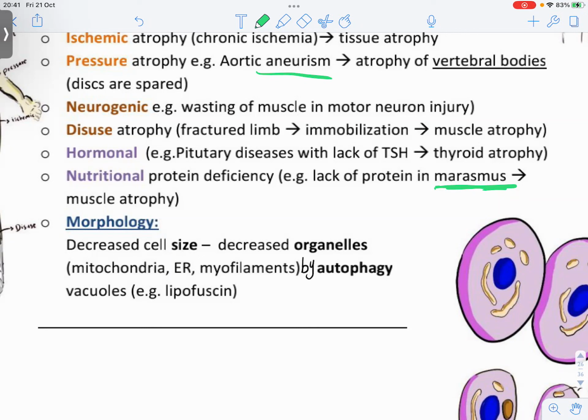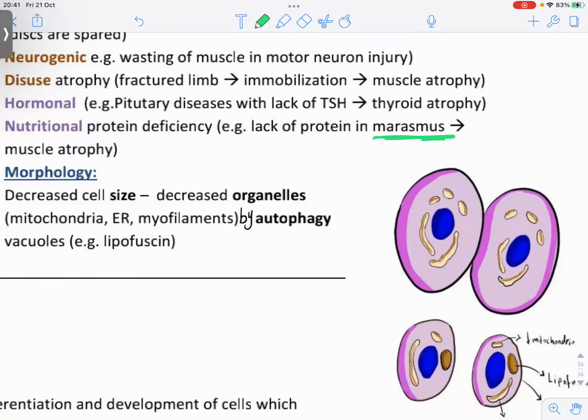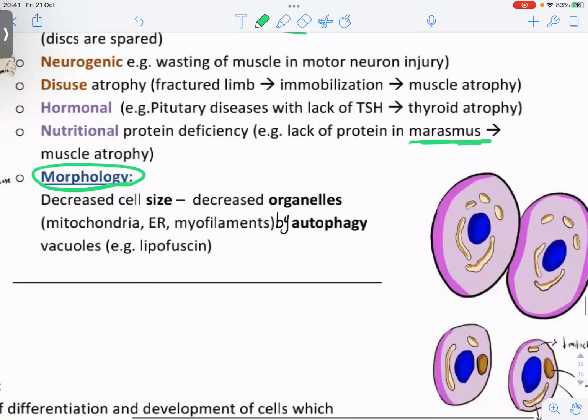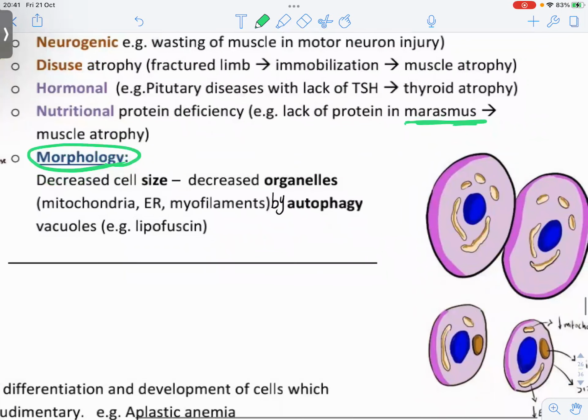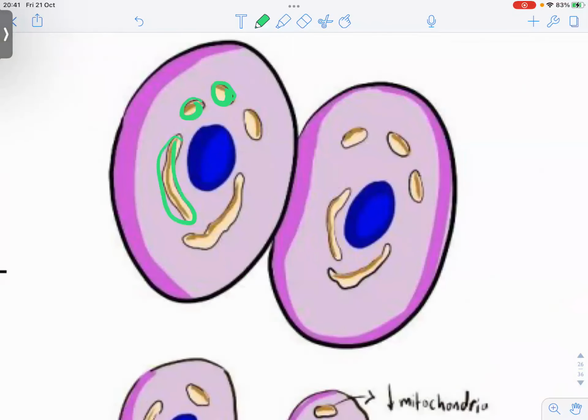Okay, if you look at an atrophied cell, what are you going to see? The morphology of the atrophied cell. Of course, first, a decrease in cell size. Why? Because of the organelles. There is no blood supply going to the cell. There is no oxygen. There is no hormonal supply. There is no nerve supply. So these organelles were supplied with oxygen and blood.